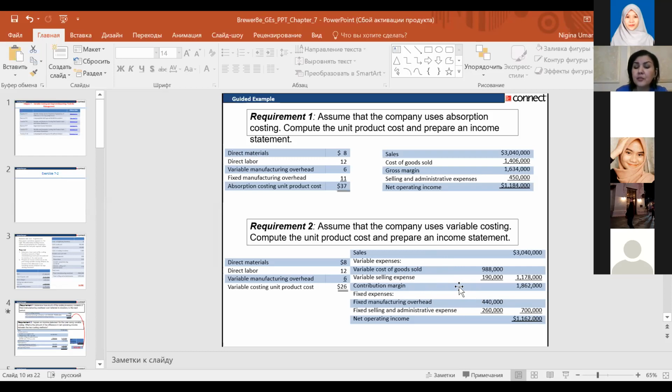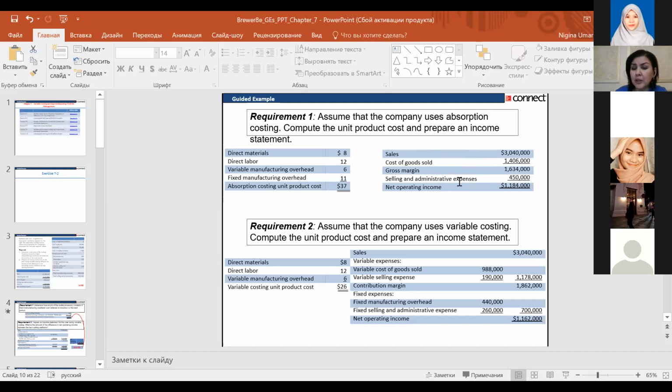To submit, for example, to tax authorities, outside investors, or shareholders, this traditional format, which is prepared under absorption costing, is quite enough.